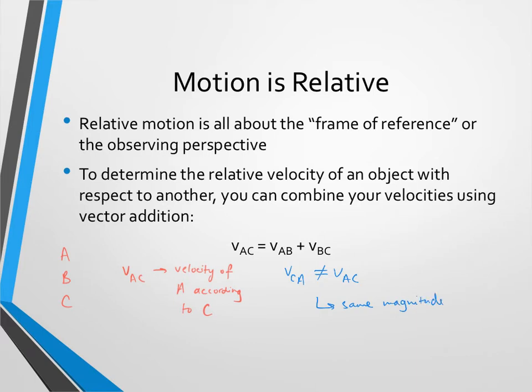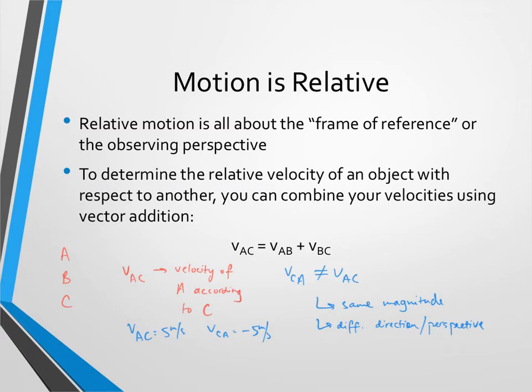So velocity of C according to A is not the same as velocity of A according to C. They're going to have the same value, but opposite directions because they're opposite perspectives. So if I were to attach numbers as examples, if I were to say that VAC is equal to 5 meters per second, then VCA is going to be negative 5 meters per second. That's going to be important for certain examples.